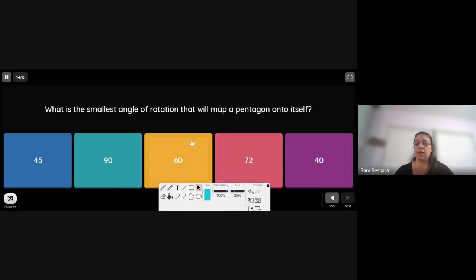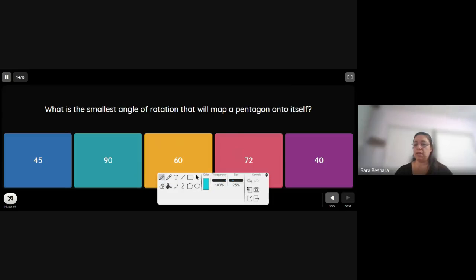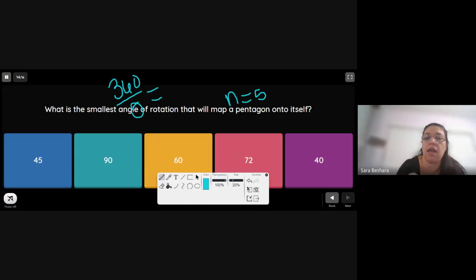Let's try a pentagon. What's the smallest angle of rotation that will map a pentagon onto itself? In a pentagon, n is 5. The angle of rotation is 360 over n, which is 360 over 5, and that would be 72 degrees.